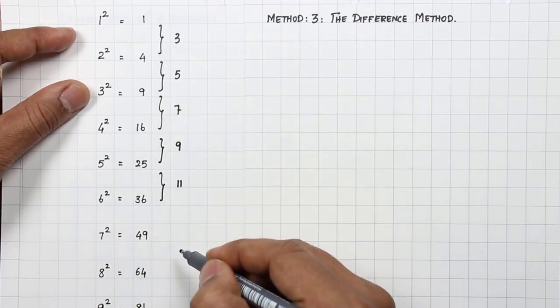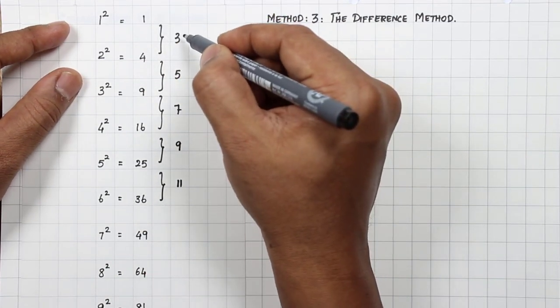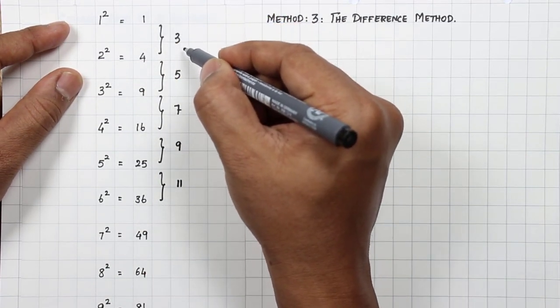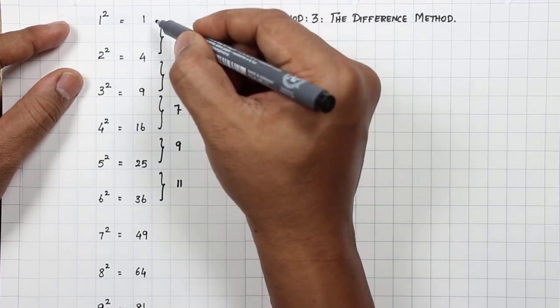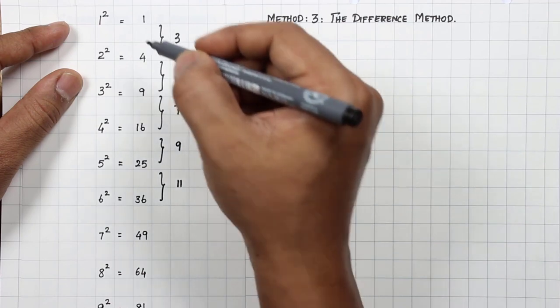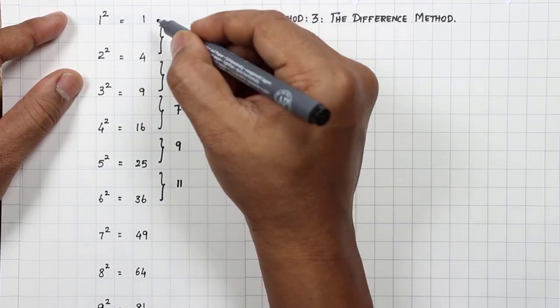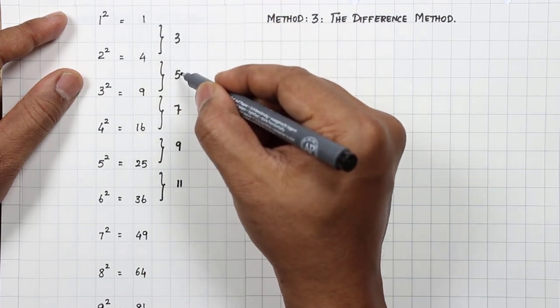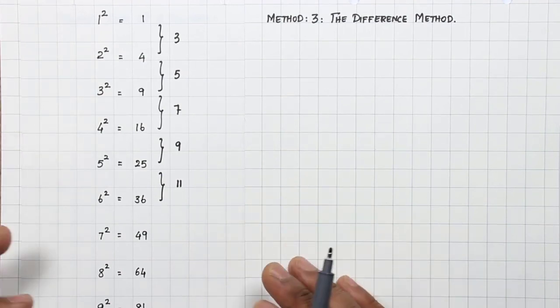So it goes on like that. If you look at all the differences here, this is nothing but an odd number sequence. It's like 1, 3, 5, 7, because 0 squared is 0 and the difference is 1. So it is always 1, 3, 5, 7, 9, 11, and the next difference is going to be 13. Okay, so this gives me an idea.